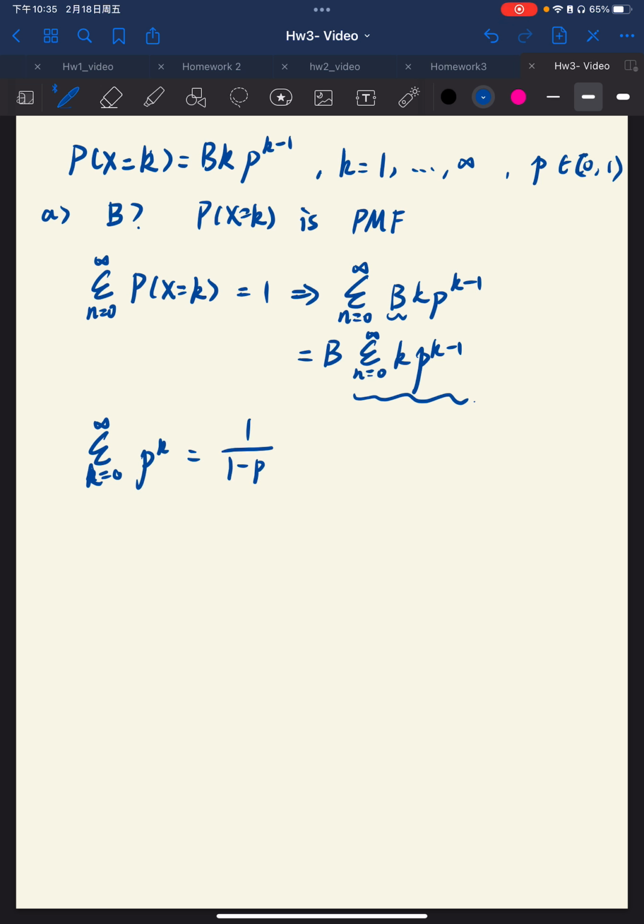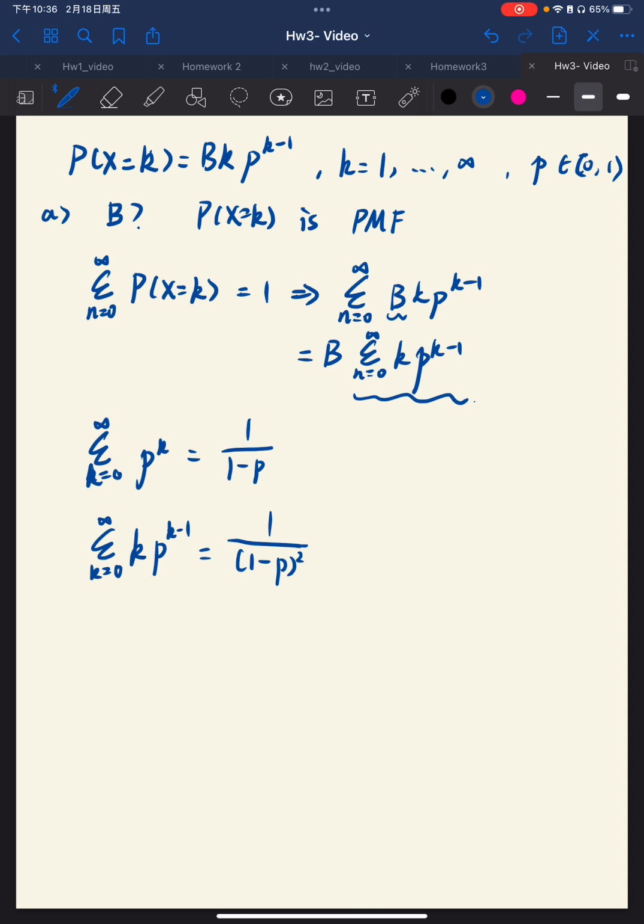Then if we take the derivative of each side, we have the summation of k p^(k-1) equals 1 over (1 minus p) to the power of 2.